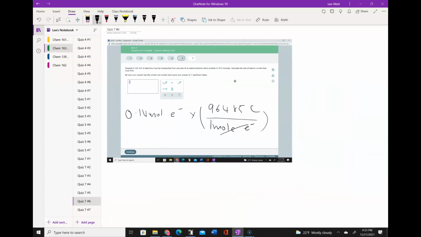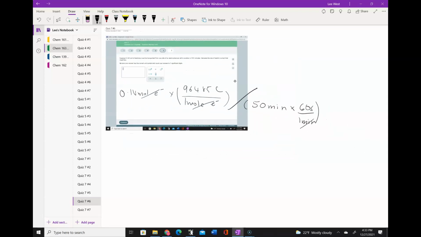So that would give me coulombs, and then if I divide coulombs by seconds, I get amperes, don't I? So that would give me coulombs divided by seconds, which is the same as amperes. So again, it's really just a dimensional analysis problem.